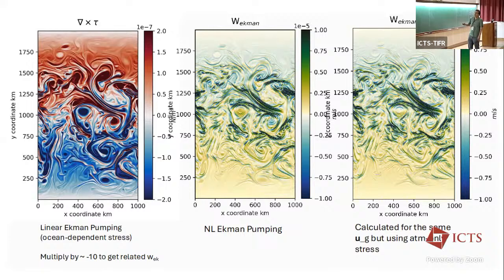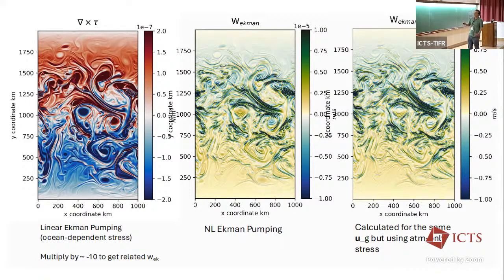I kind of thought that all this rich structure in the forcing, in some sense in del cross tau, would lead to a richer structure in the nonlinear Ekman. And you do see differences, right? If you look at this eddy here, it's blue, so blue means negative, but if you multiply by -10, it would be red, which would be positive. And you see this is sort of filled in compared to its sibling over here.